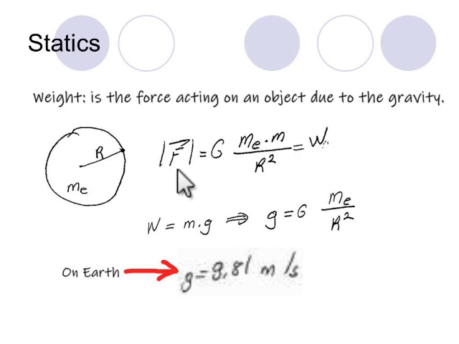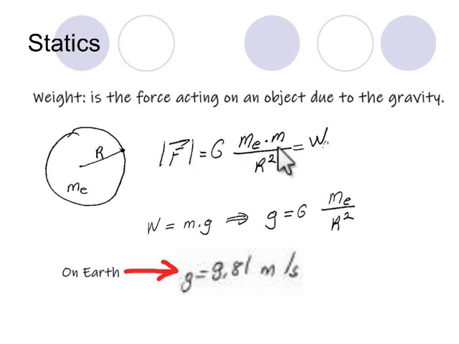Now let's write the law of attraction between two objects. Just assume that you are living on the Earth or any celestial object, and let's assume that this celestial object has a mass of M and a radius of R, and you live on this surface.